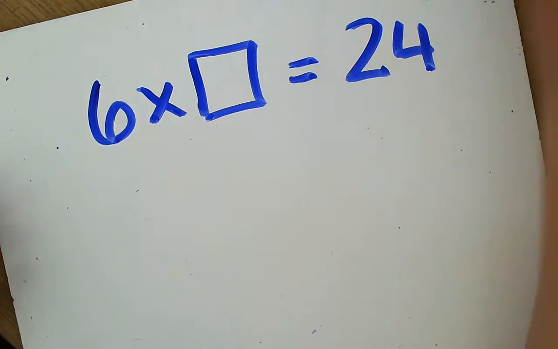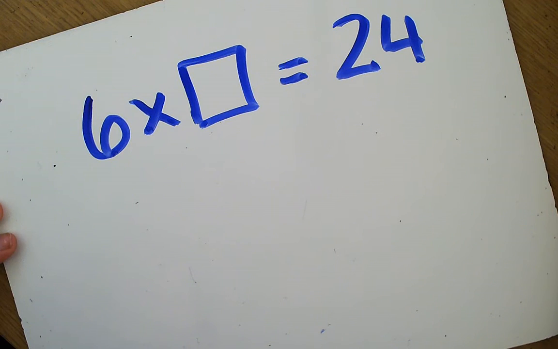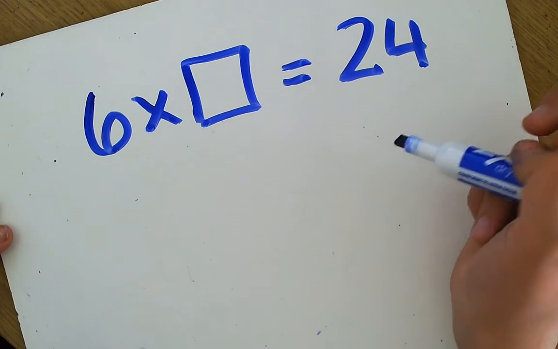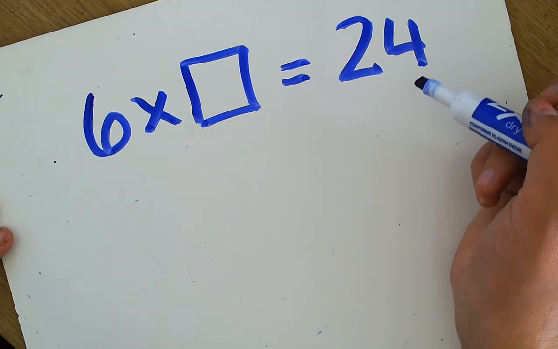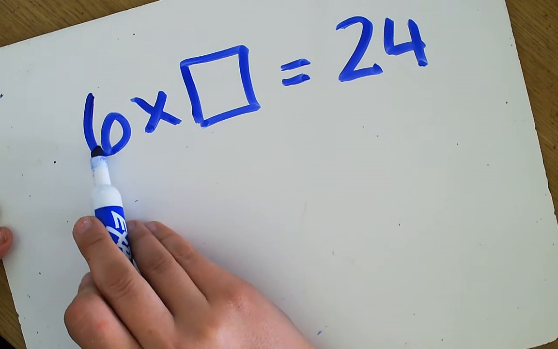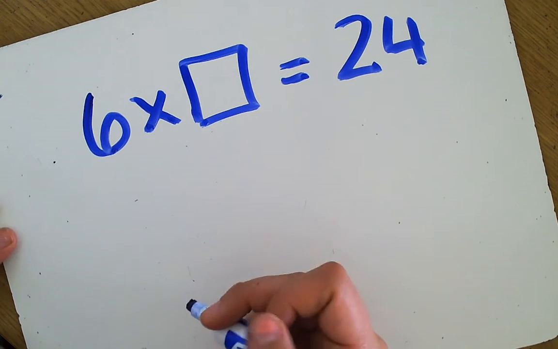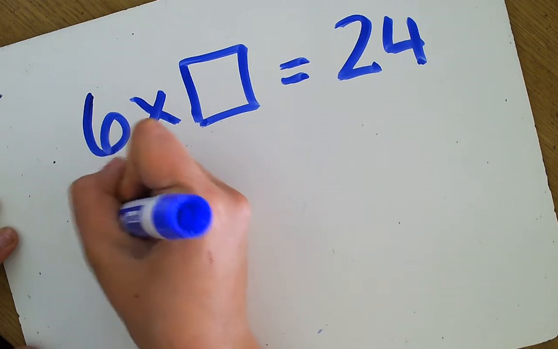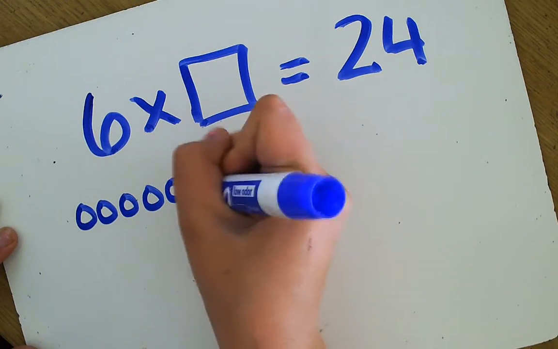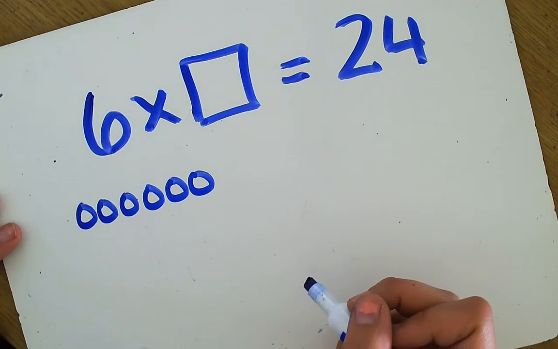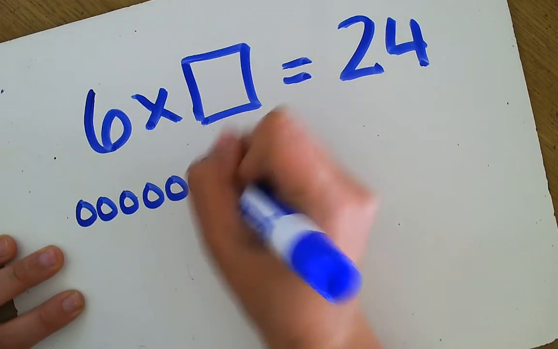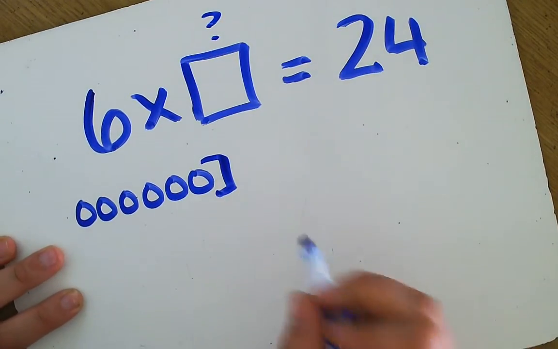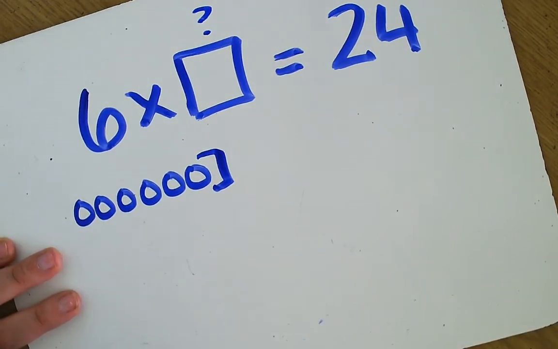So last time we modeled our unknown using counters as one of the ways to solve our equation, and that could be used again. So I know that I am making groups of 6 here. So 1, 2, 3, 4, 5, 6. So that's 6 things, and then I need to try to figure out how many groups of 6 I need in order to make 24.